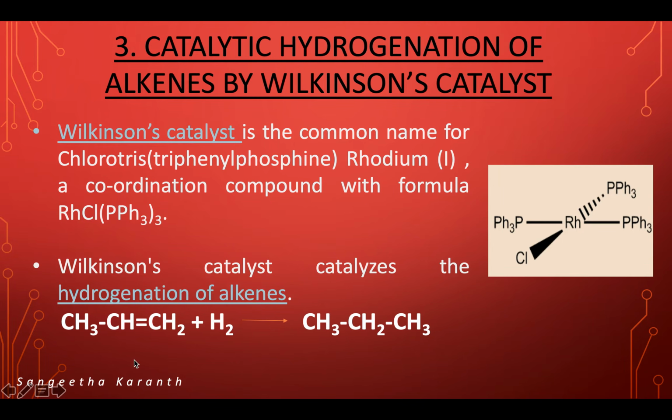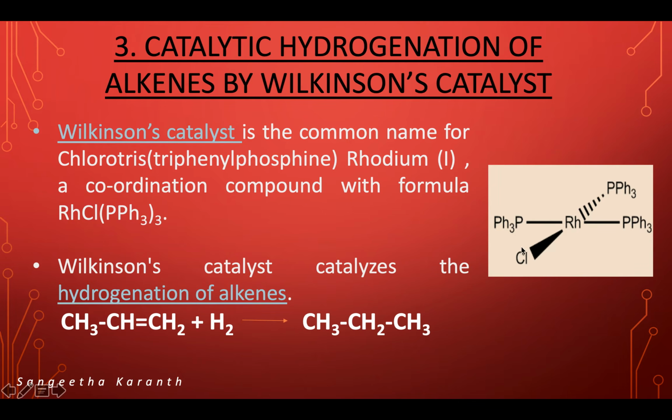Hydrogenation is nothing but, let us take an example. Here we take propene, we add hydrogen. These are two hydrogen atoms. One hydrogen atom will add to this carbon, one more hydrogen to this carbon. So we have the product as CH3CH2CH3. So we get propane as the product.